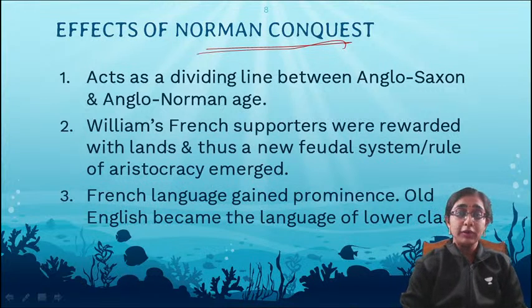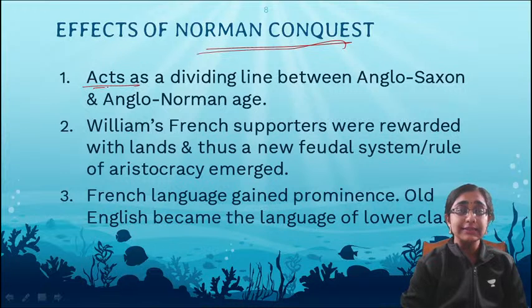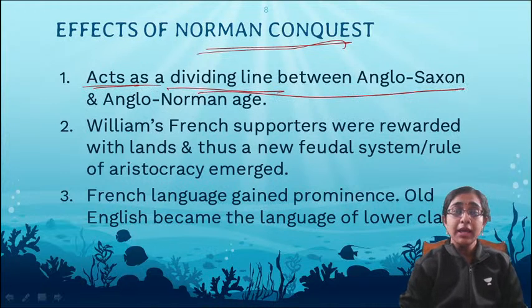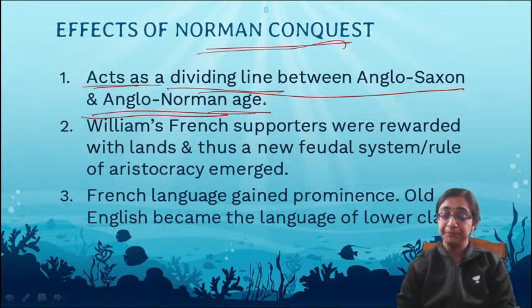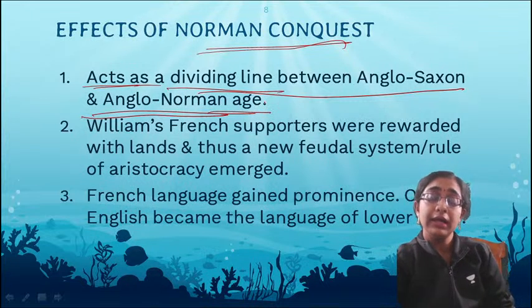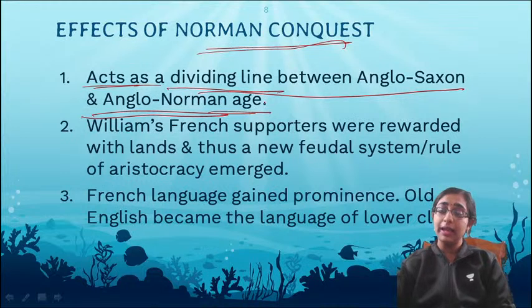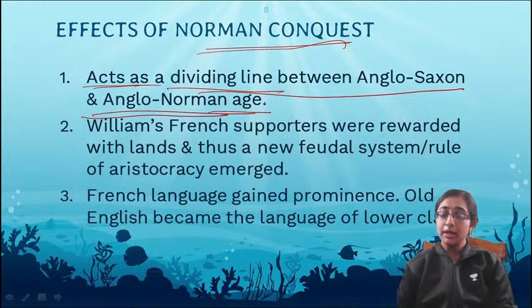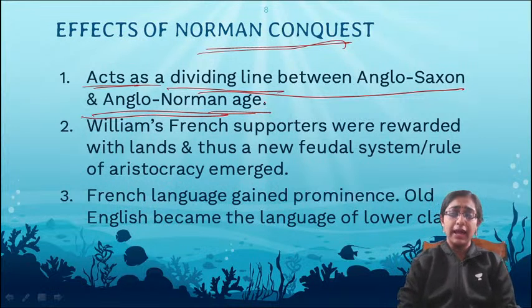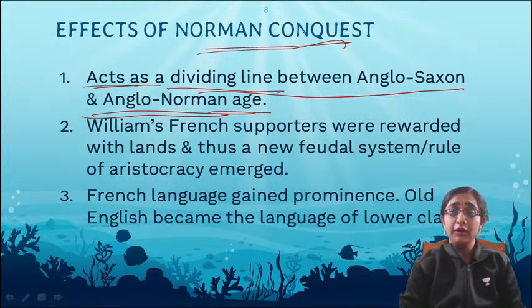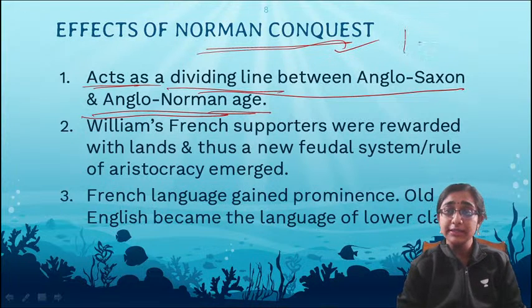It is important because, first of all, it acts as a dividing line between Anglo-Saxon and Anglo-Norman age. So that is an important thing, that as you have already seen, in Anglo-Saxon age, not so many historical events happened, but during the Anglo-Norman age, this is the very first event.